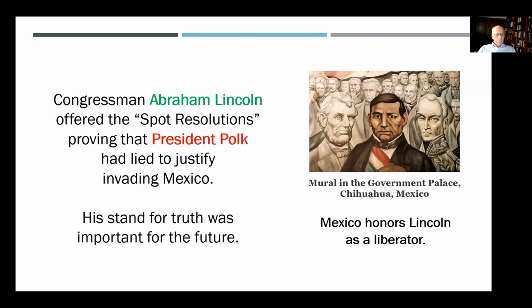But it was immensely important, not only for his future, but for the reputation of the United States. That picture is a mural in one of the state government palaces. It shows Lincoln and President Juarez, who was president at the time of Lincoln, and then Simon Bolivar on the right.